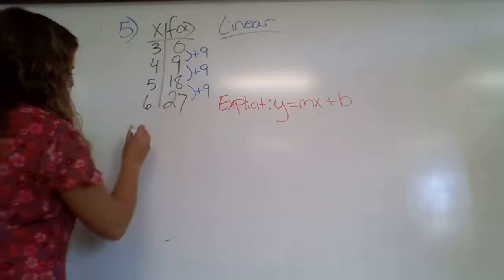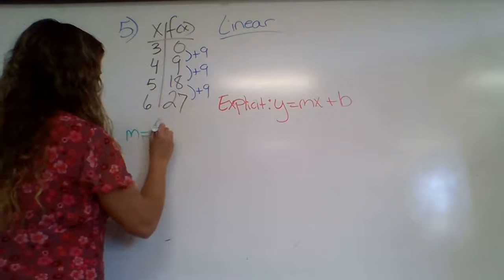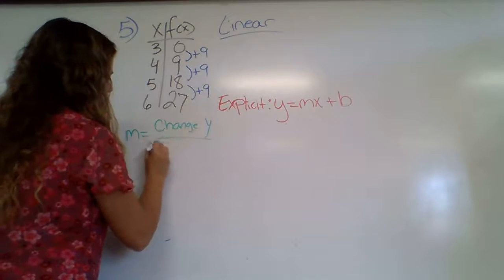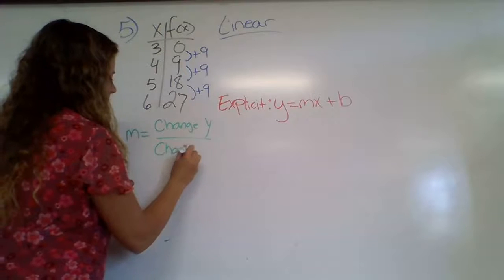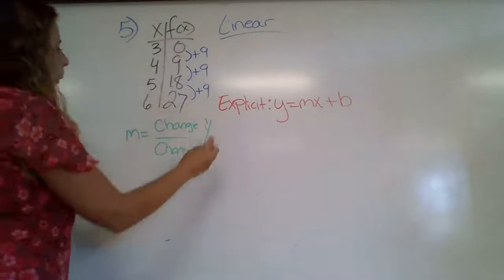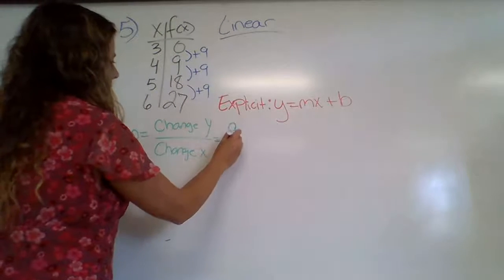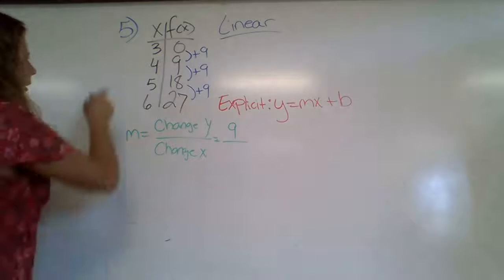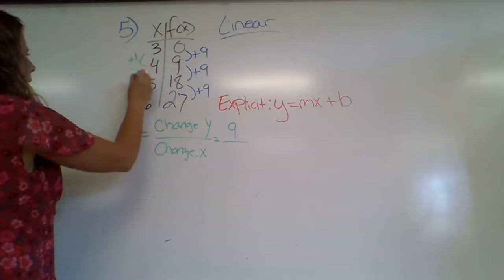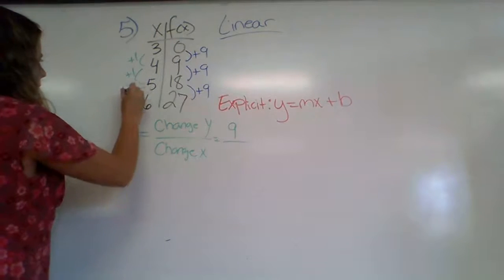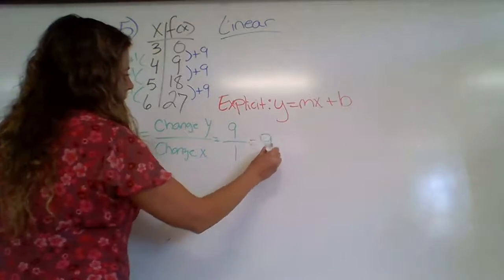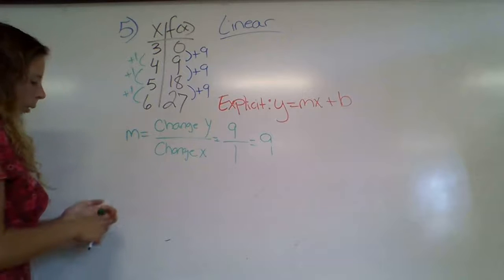Here, m equals change in y over change in x. Change in the y, we're going up by 9. The y's are changing by 9 each time. Change in the x, 3 to 4 to 5 to 6. We're just going up by 1 again. Plus 1, plus 1, plus 1. So 9 over 1. 9 divided by 1 is just 9. So m equals 9.